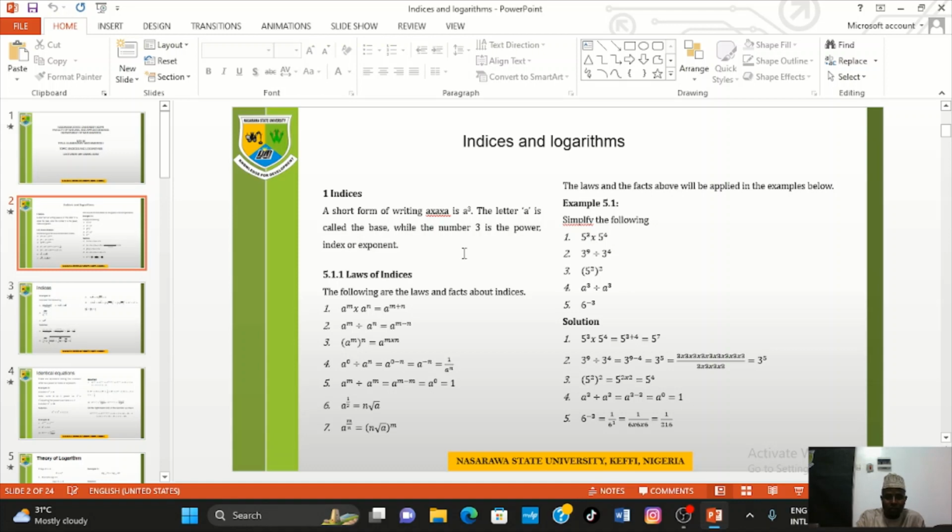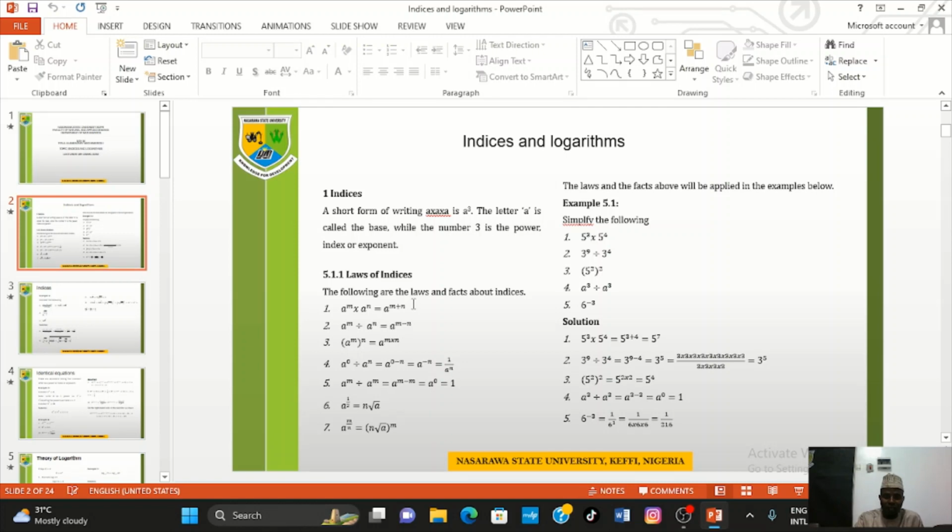So we go by the laws of indices. The following are the laws of indices and the facts about them. 1. a raised to the power of m times a raised to the power of n is equal to a raised to the power of m plus n.